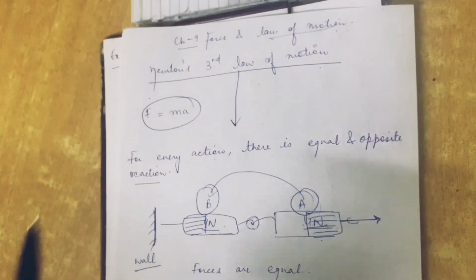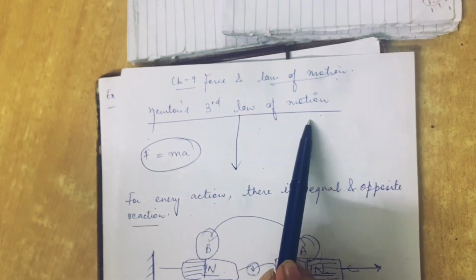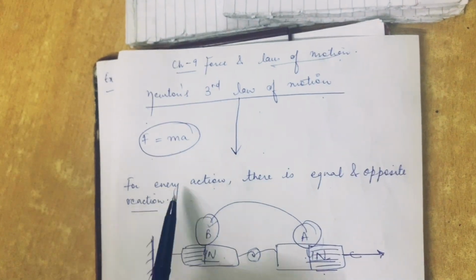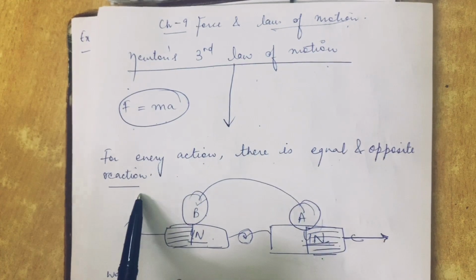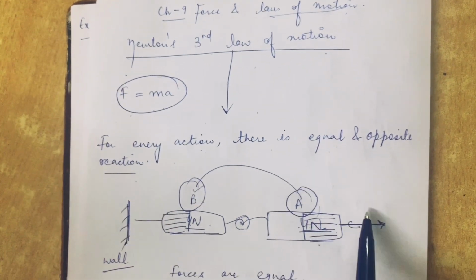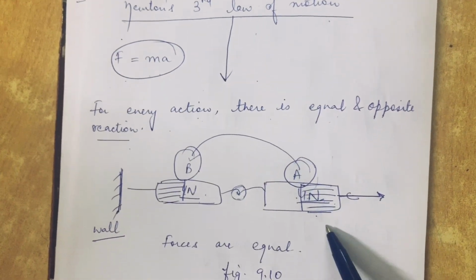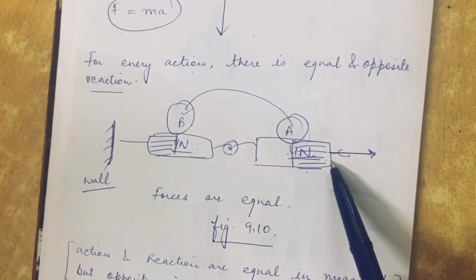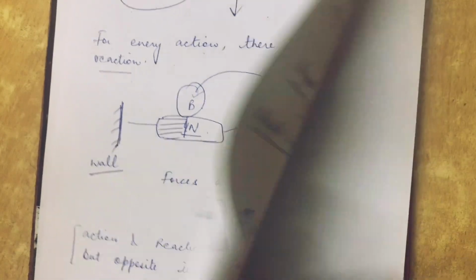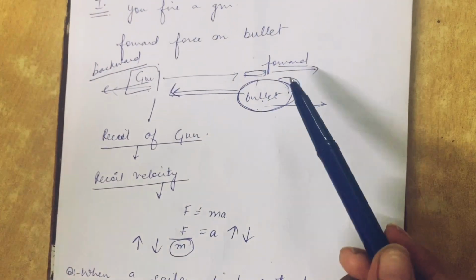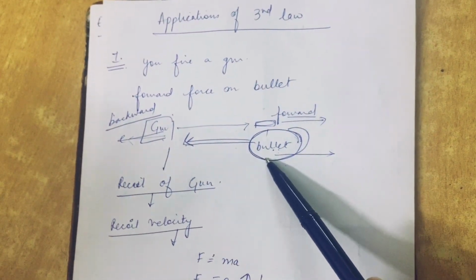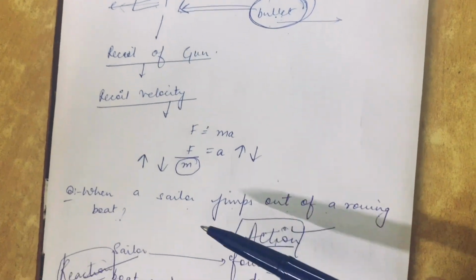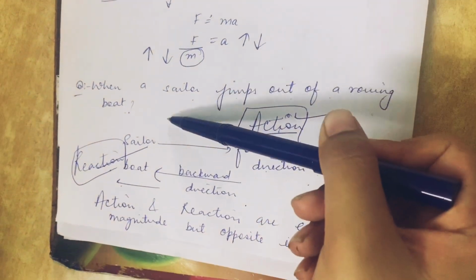So overall, what did we learn in this video? What is Newton's third law of motion? It states that for every action there is always an equal and opposite reaction. We illustrated it with an experiment shown by two spring balances. Then we illustrated some applications of Newton's third law: the recoil of a gun, and how a sailor jumps out of a rowing boat.